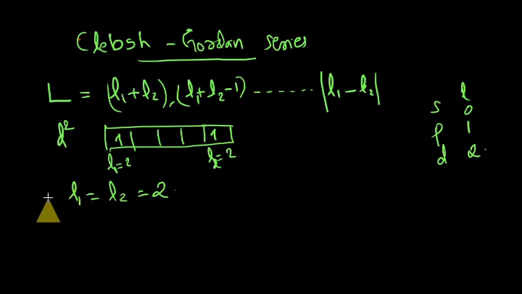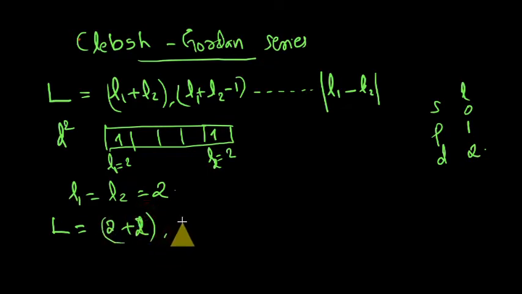So what will be the values of the total orbital angular momentum quantum number, capital L? Capital L ന്റെ values ഏതൊക്കെയായിരിക്കും? That will be governed by the Clebsch-Gordon series. So capital L is equal to L1 plus L2, that is equal to 2 plus 2, okay, that is one value.